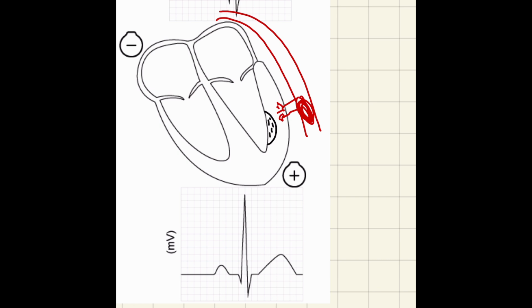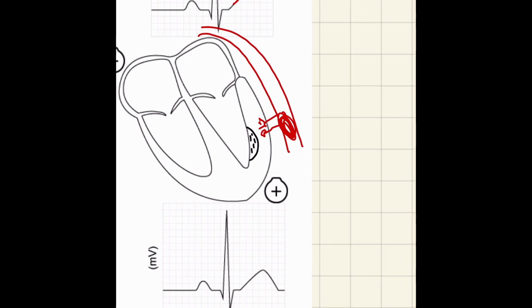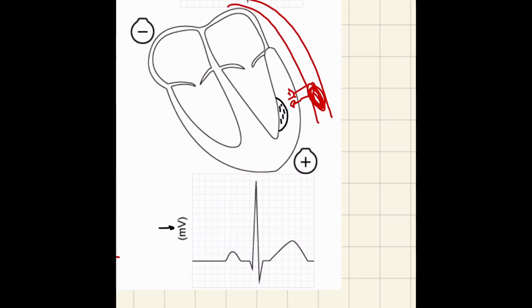We see a change in resting membrane potential. So instead of sitting at normal resting membrane potential, these cells have a different resting membrane potential, and the actual EKG machine is going to read this differently.